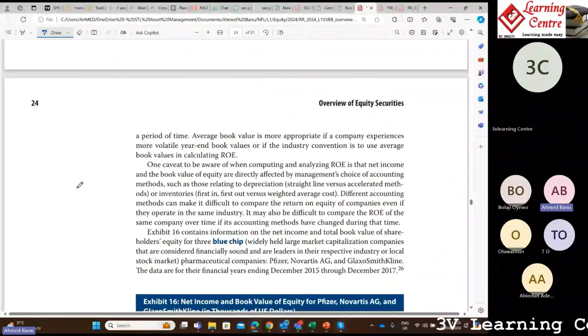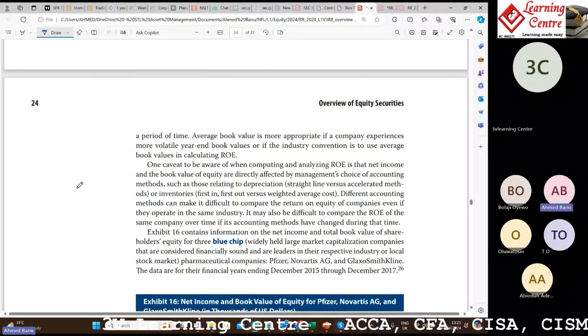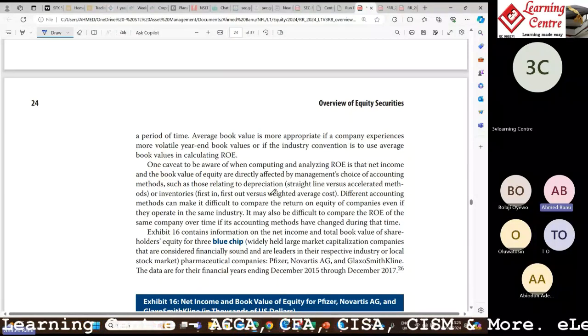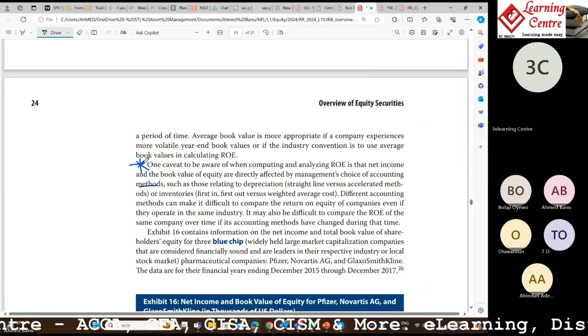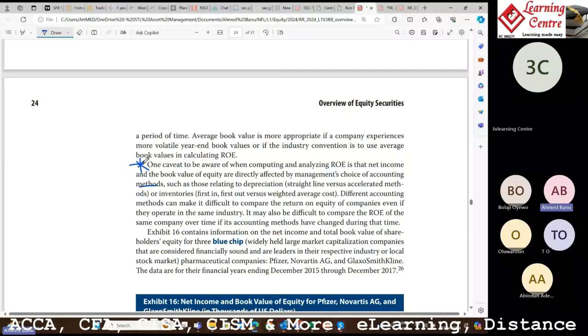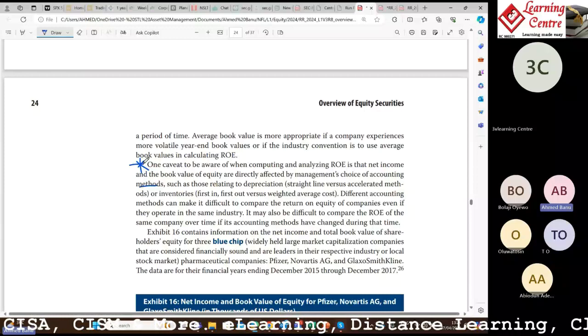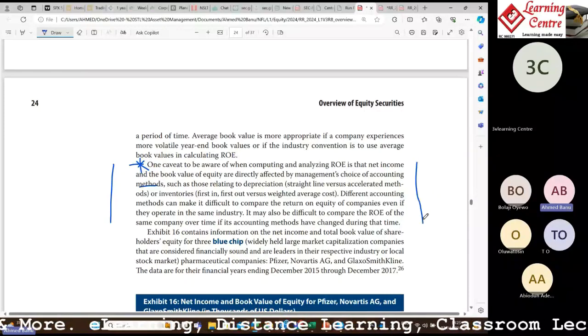Okay. So one caveat to be aware of when computing or analyzing ROE is that the net income and the book value of equity are directly affected by the management's choice of accounting methods. Very, very important. Such as those relating to depreciation, inventories. You've learned all these things in FRE.